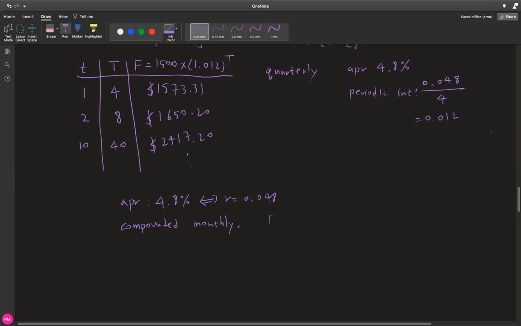Then, because there are 12 months in a year, to find the periodic interest, you're simply taking the R, in this case 0.048, and dividing it by 12. So it's going to be 0.004.